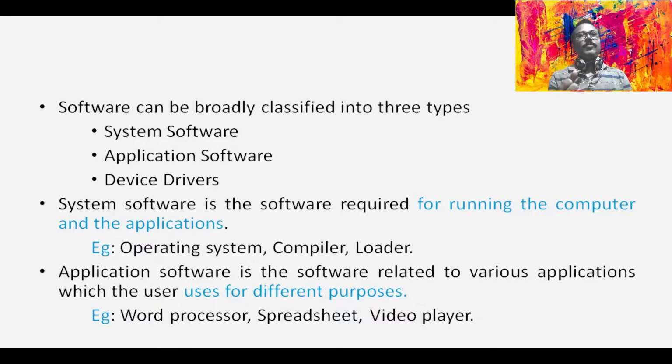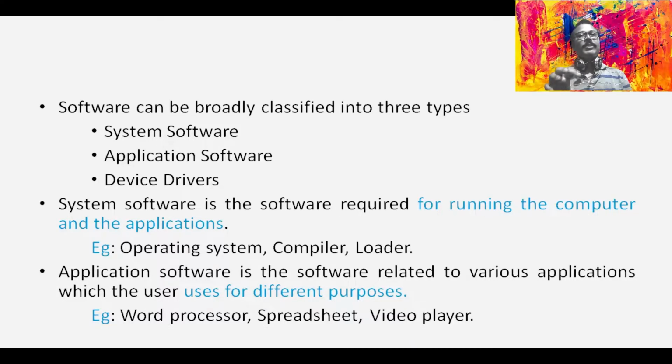Now, application software is the software related to various applications which the user uses for different purposes. Depending on the purpose, the user may use different software. Application software is specific, that means it is designed for a specific purpose.